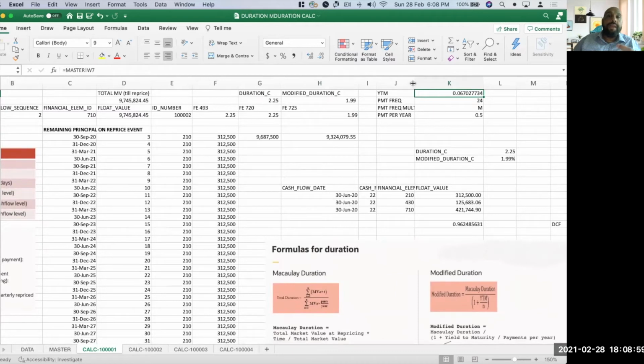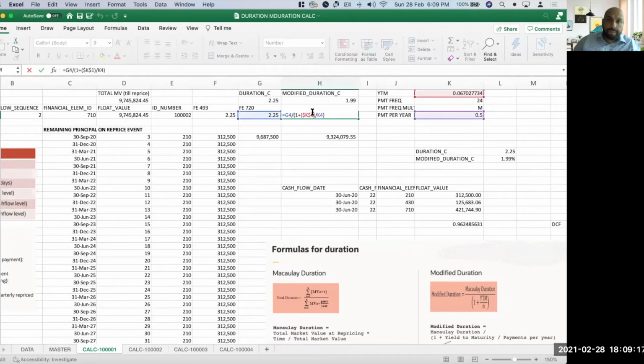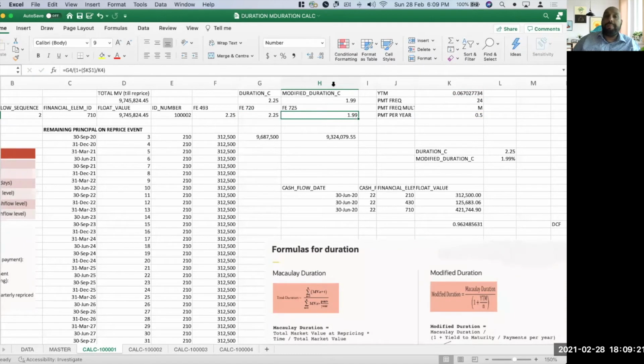In addition to that, we need the payments per year. The payments per year is 12, and you can see the frequency is 24 because the first payment happened after the second year point. So 12 divided by 24 gives us 0.5. And if you go through the math, it computes to 1.99%. So this is how we've calculated it for the first scenario.